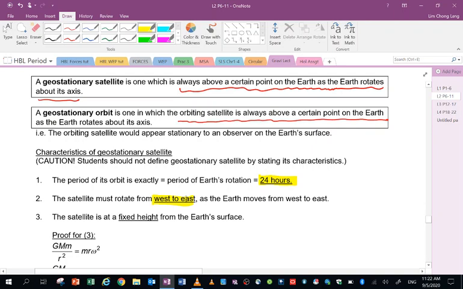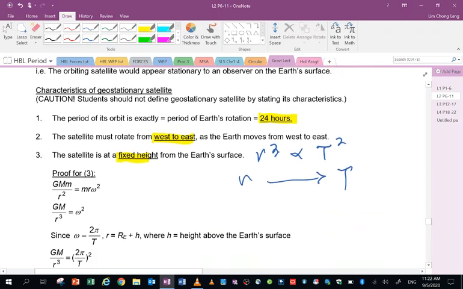Okay, and the satellite is at a fixed height because just now I already told you that there is a unique R for every period. This is because of Kepler's law. R cubed is proportional to T squared. That's Kepler's law. So for every orbiting radius, there's a unique period.